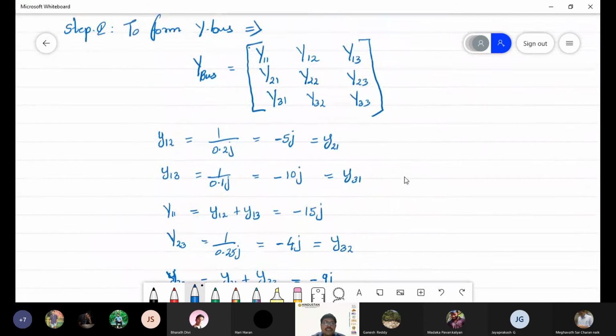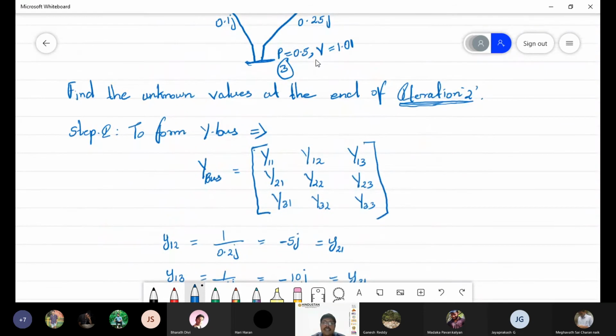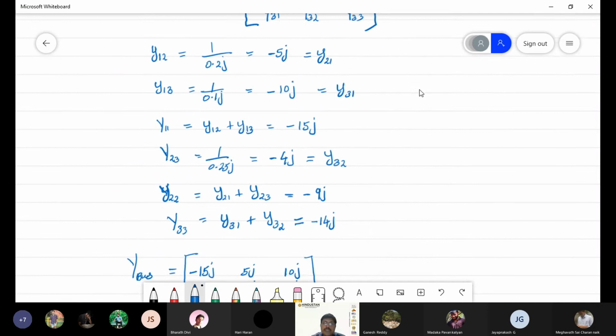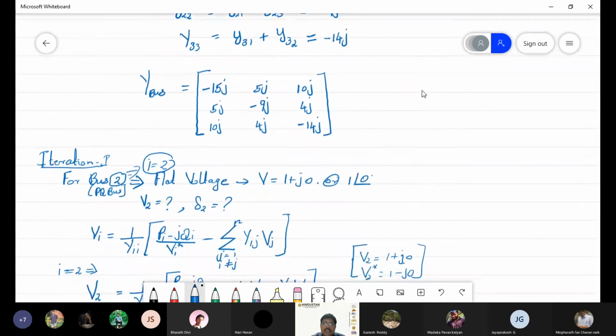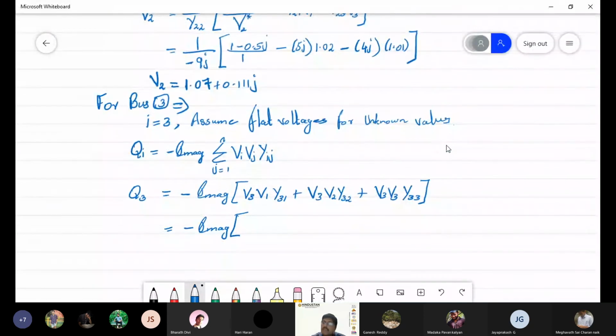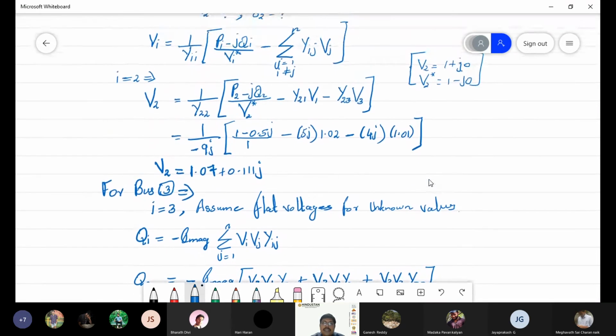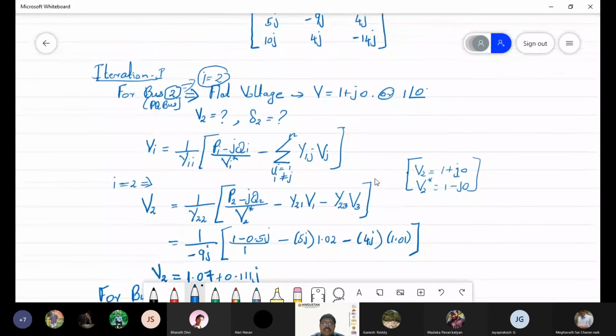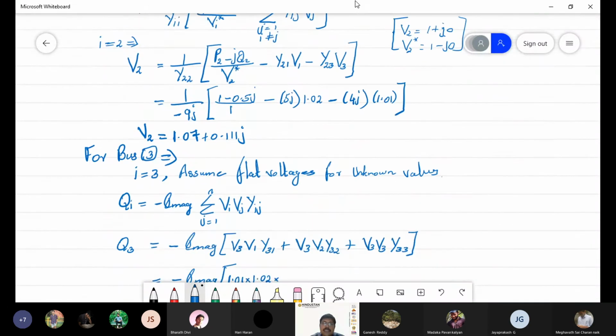For the third bus, V3 is equal to 1.01, and V1 value is 1.02. So we substitute V3 is equal to 1.01 multiplied by V1, 1.02, multiplied by Y31, which we get from the Y bus, Y31 is equal to 10j.